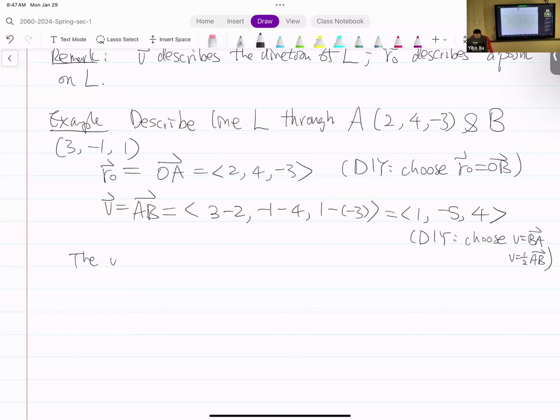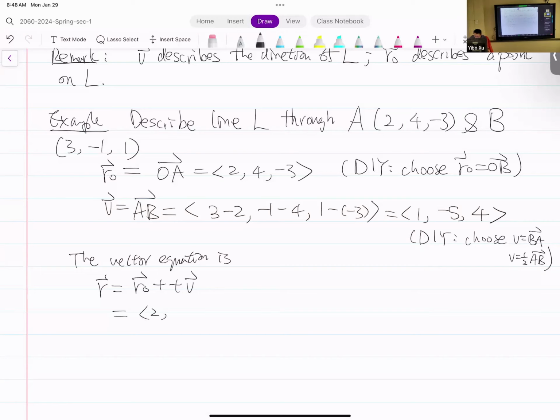So here now, the vector equation of the line is going to be R equals R0 plus tV. So we can write it as what? Now we do have R0 and V, right? So we just write it down.